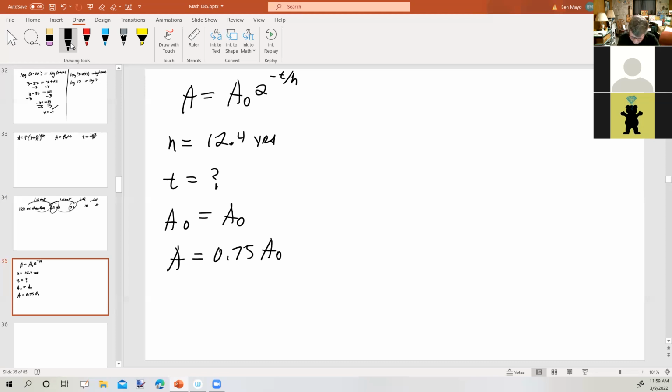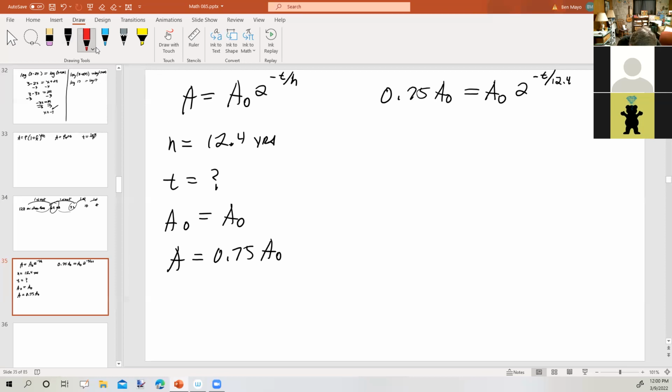We don't need to though, because now substituting all these numbers into the formula, A is 0.75 A sub 0 equals A sub 0 times 2 to the negative t over 12.4 years. Okay. Any questions so far?